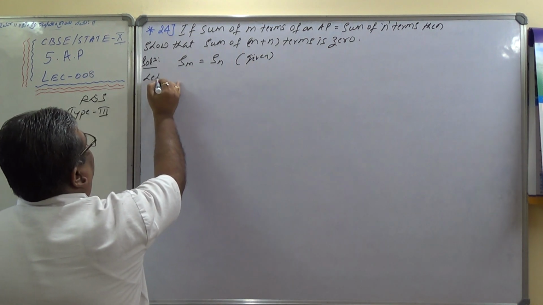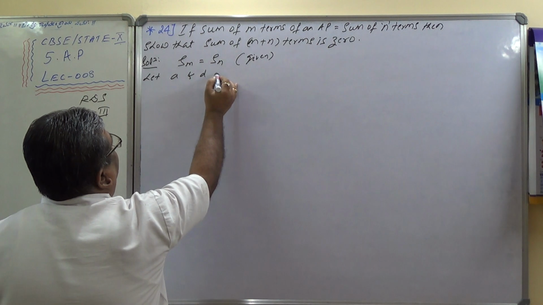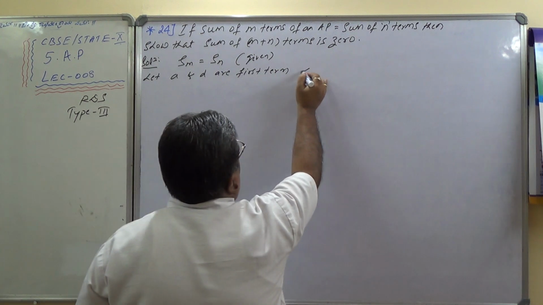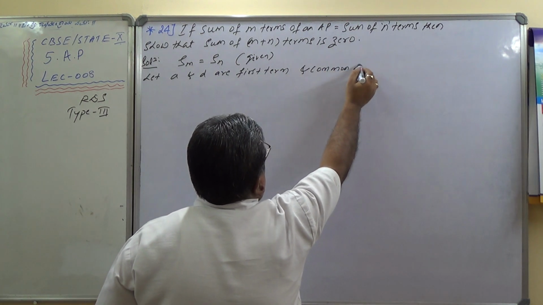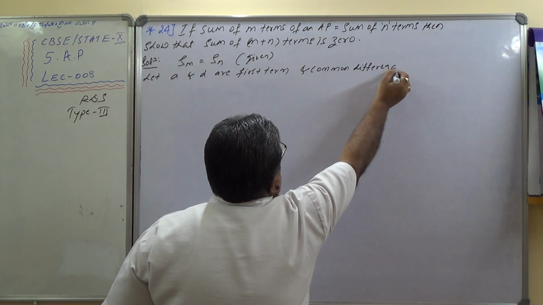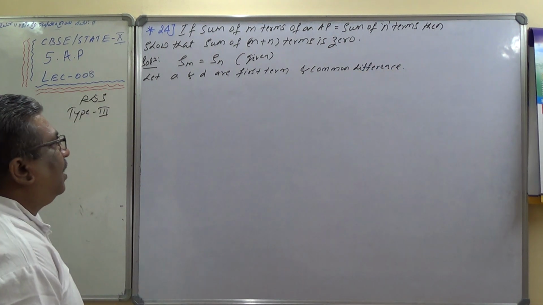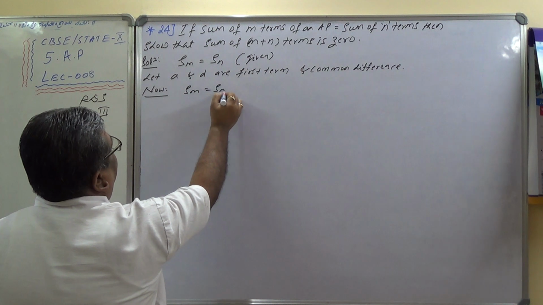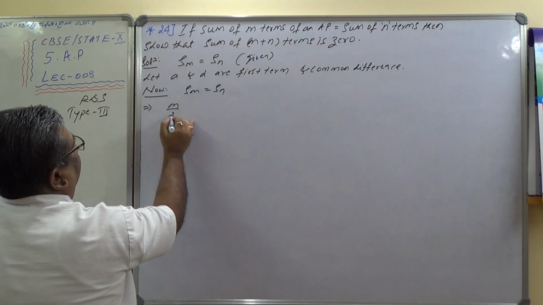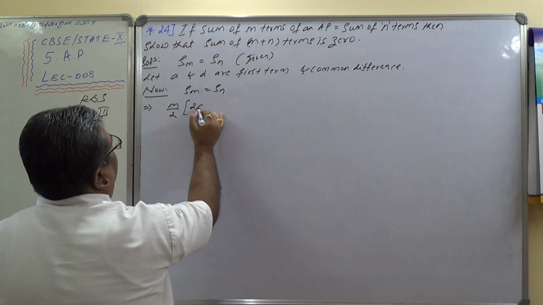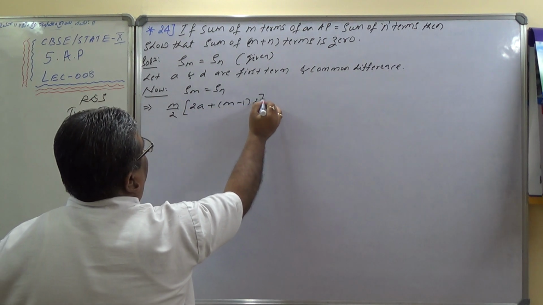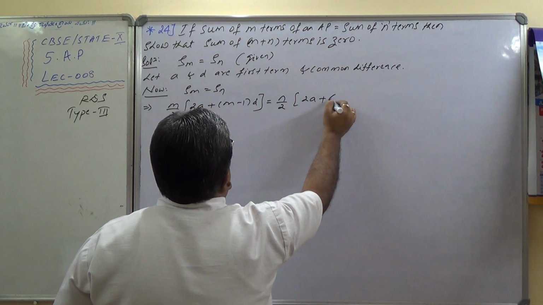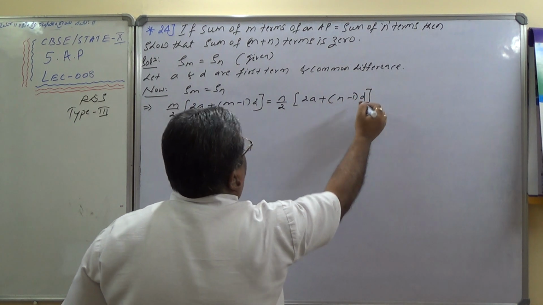So let A and D be the first term and common difference. Now, Sm equals Sn implies m by 2 into bracket 2a plus m minus 1 into d equals n by 2 into 2a plus n minus 1 into d.